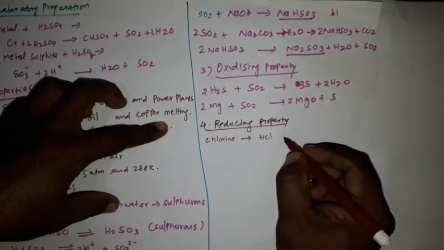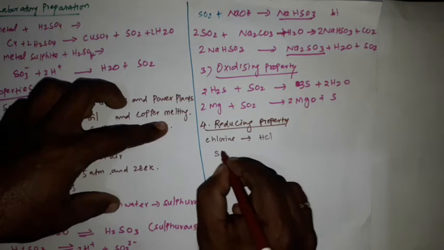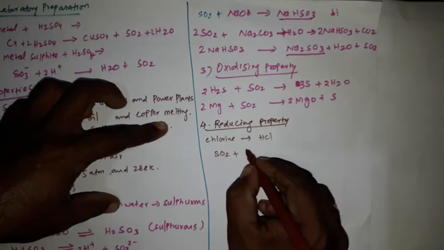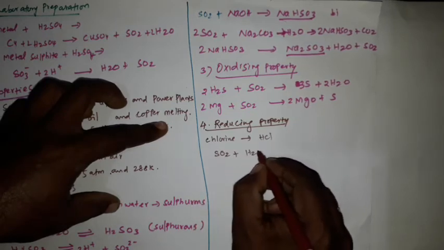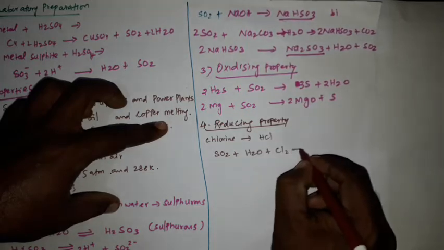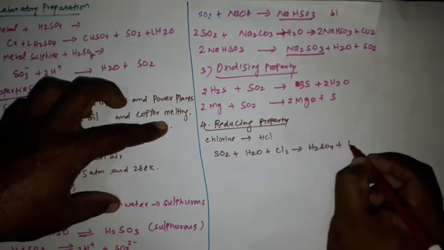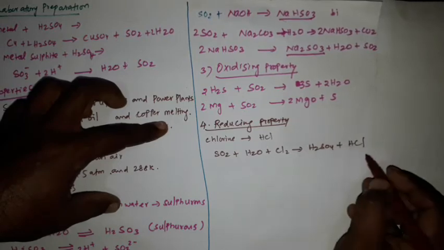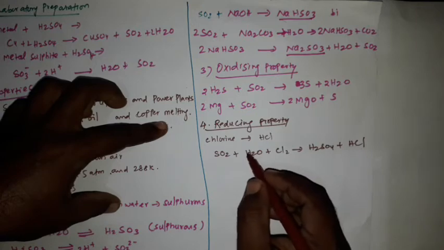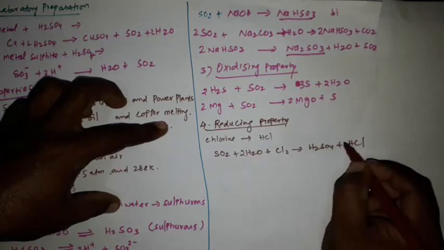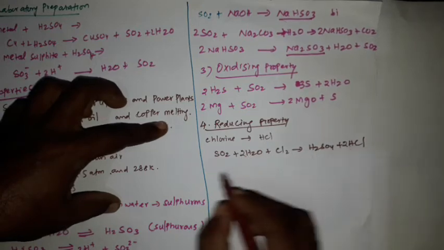So it is called reducing property. Example, sulfur dioxide plus water plus chlorine, it will produce sulfuric acid H2SO4 plus HCl. So it reduces chlorine to hydrochloric acid. Okay, balance the equation, put 2 here, put 2 here, now the equation is balanced.